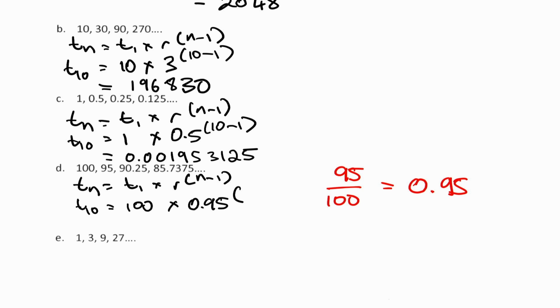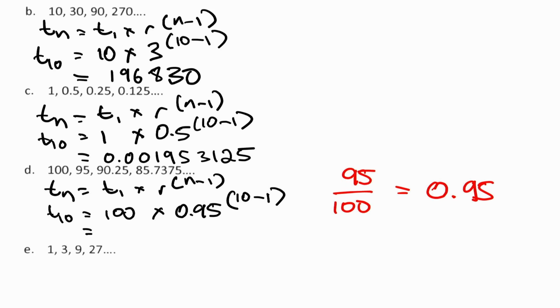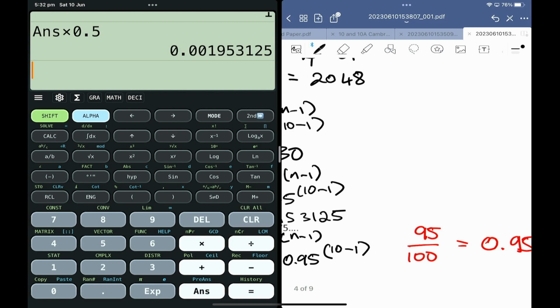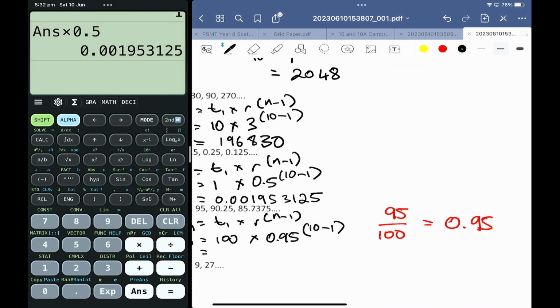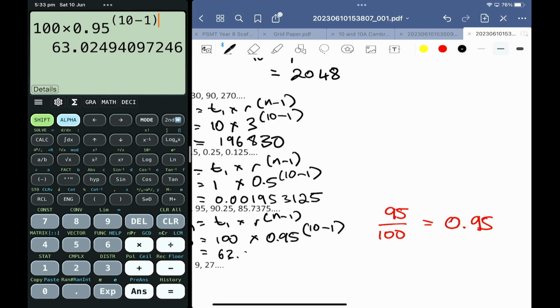And then to the power of n minus 1, well, the n is still 10. We plug that into our calculator. And we get 100 times a ratio of 0.95, which we figured out in red, to the power of 10 minus 1, which gives us 63.0249.